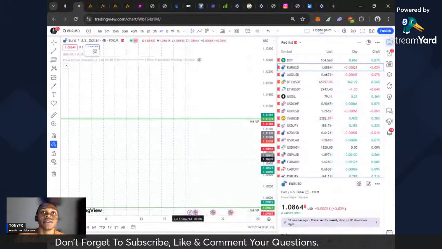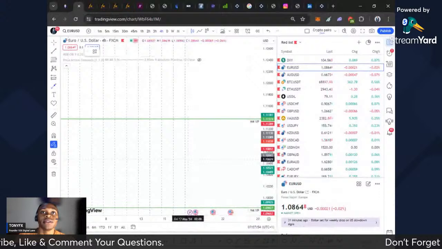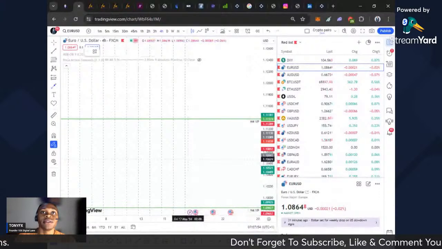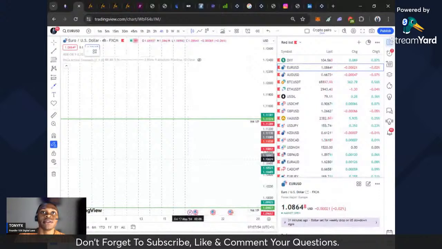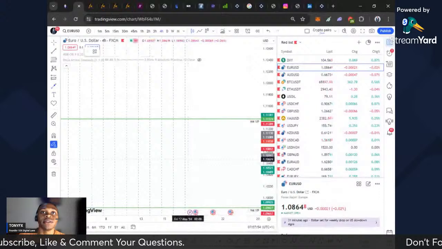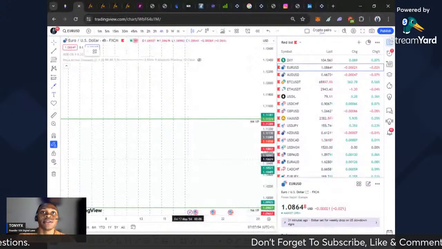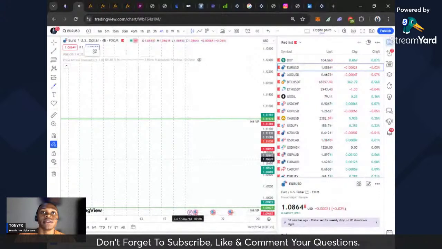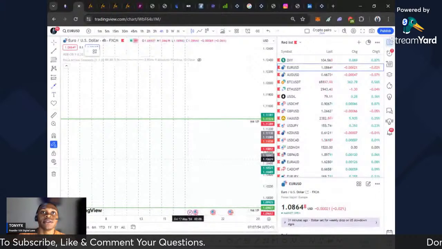So this is the market hour currently loading. Yeah, that's my time zone. It's loading. So, okay, forex and stock market hour.